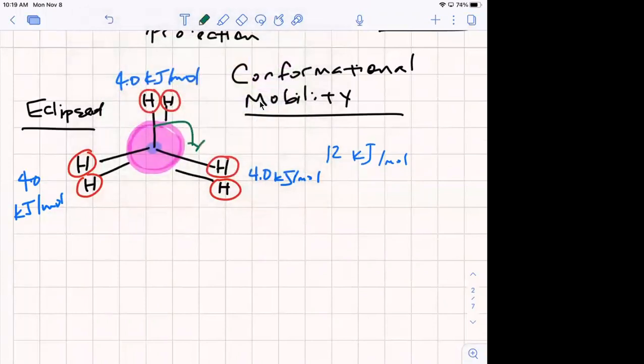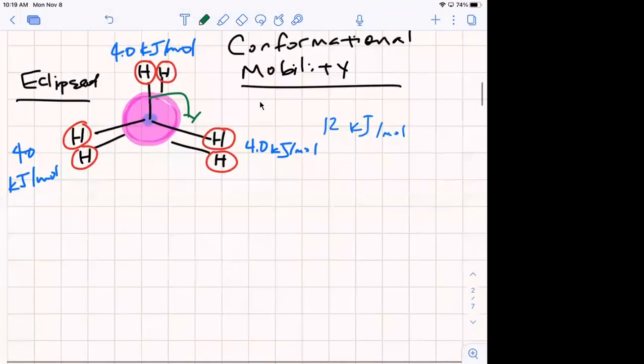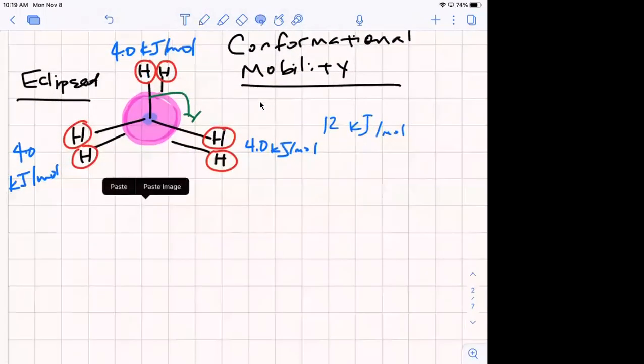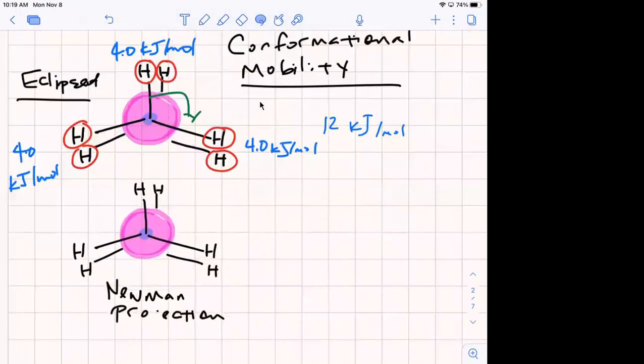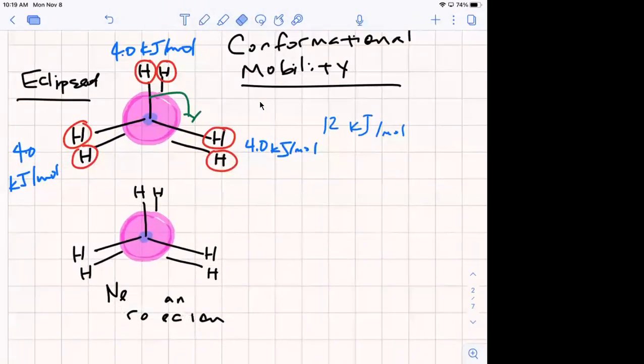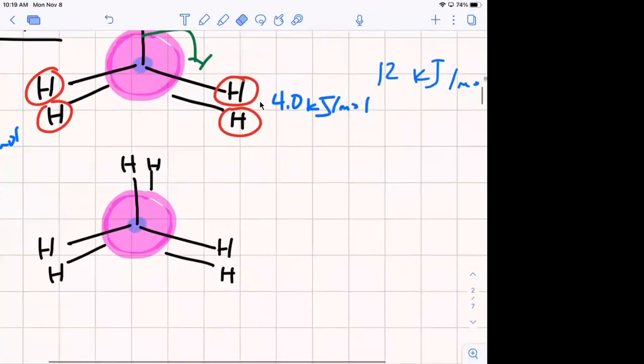So I want to rotate so that the hydrogens aren't overlapping anymore, if that makes sense. So I'm going to delete these hydrogens. Hopefully I won't delete that back carbon.